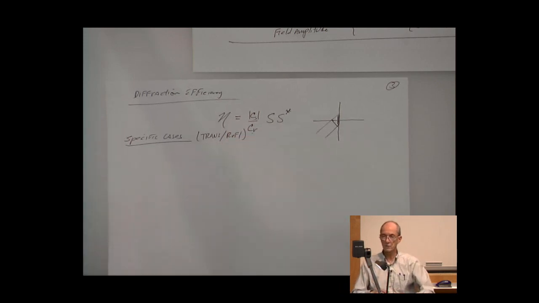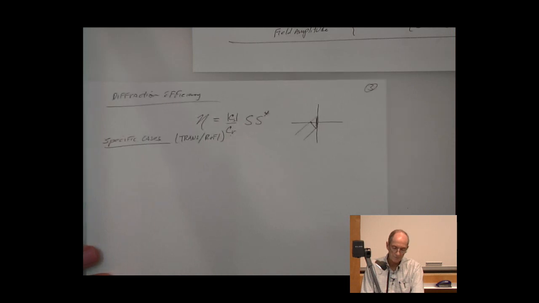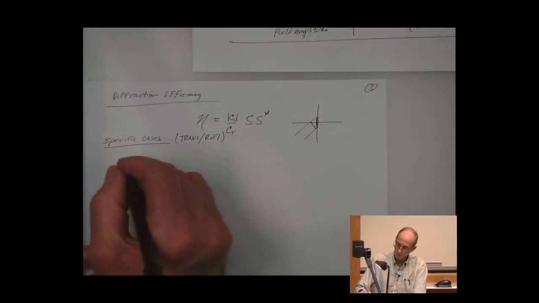And this is really where the power of this approximate coupled wave model comes into play, because it allows us to come up with some very intuitive expressions that we could work with and even almost memorize, and use whenever we have the need to evaluate the problems. Okay, so again, let's first do the transmission case.